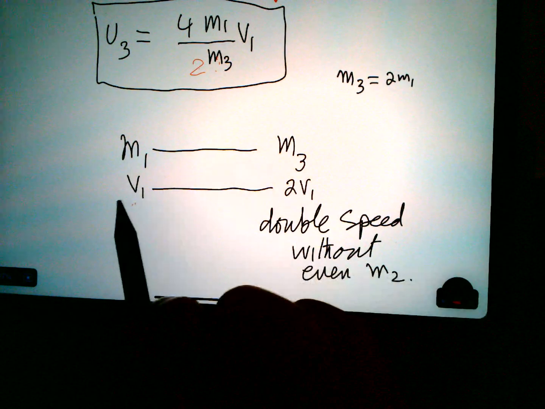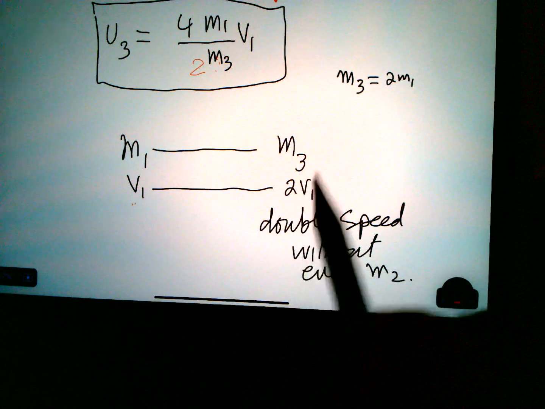If m1 is larger than m3, m3 will have double the velocity of v1.